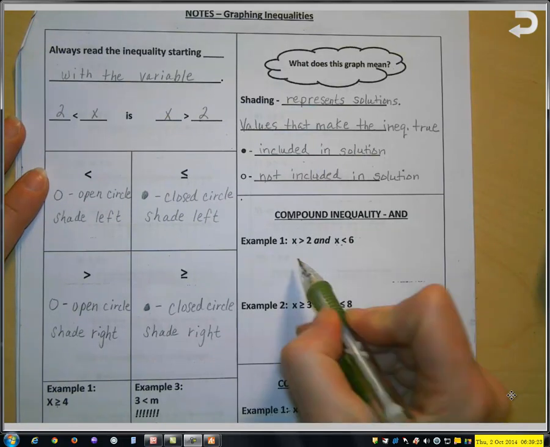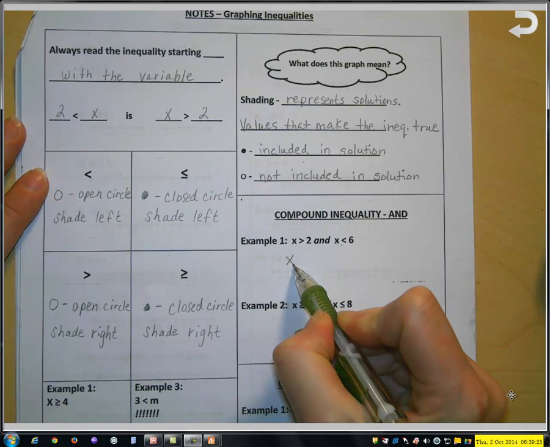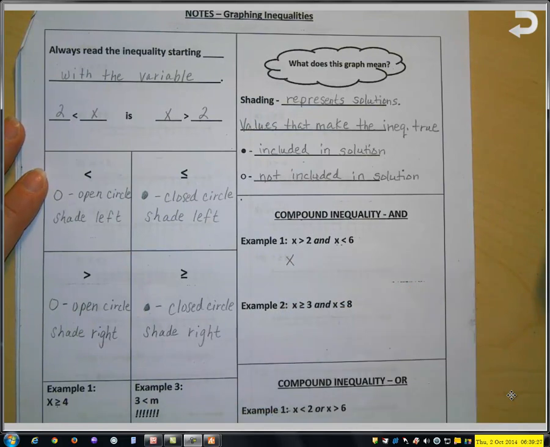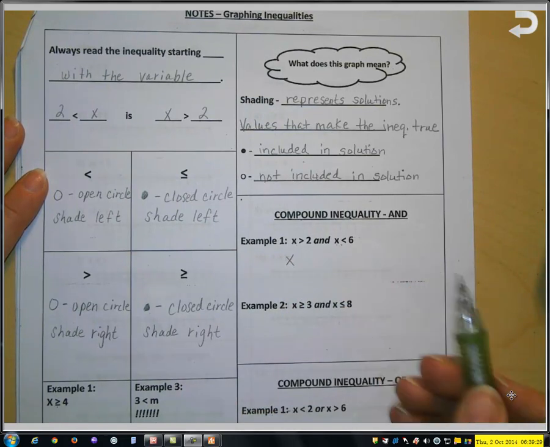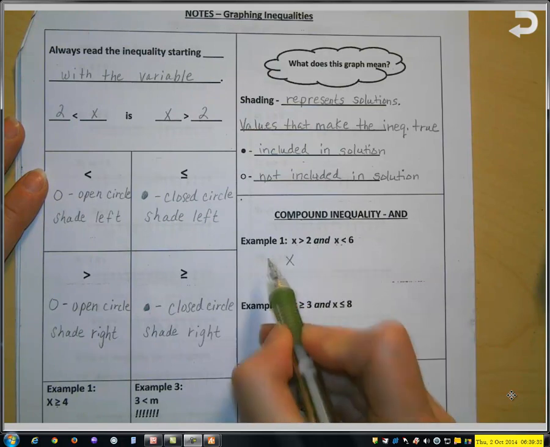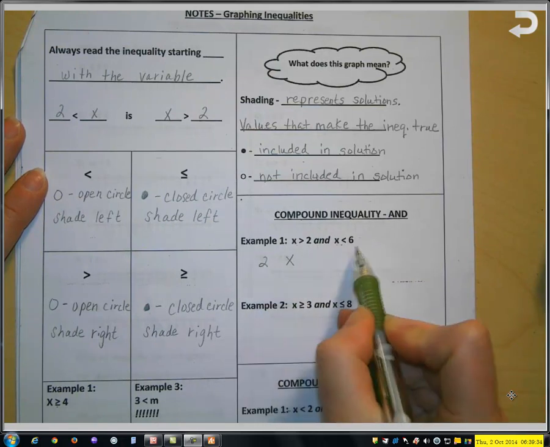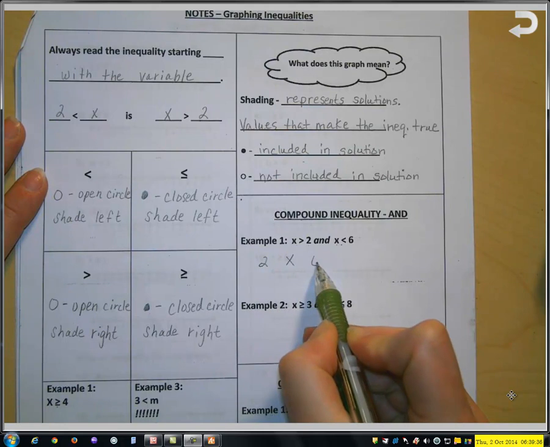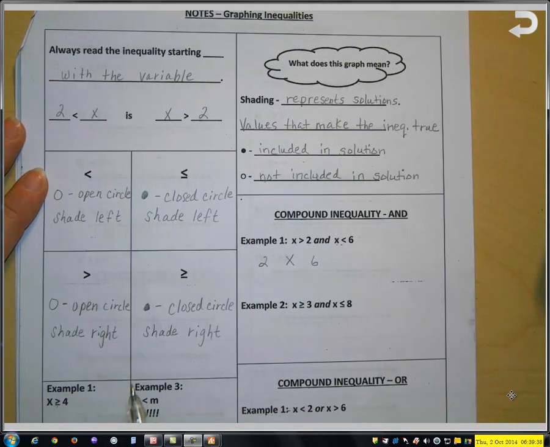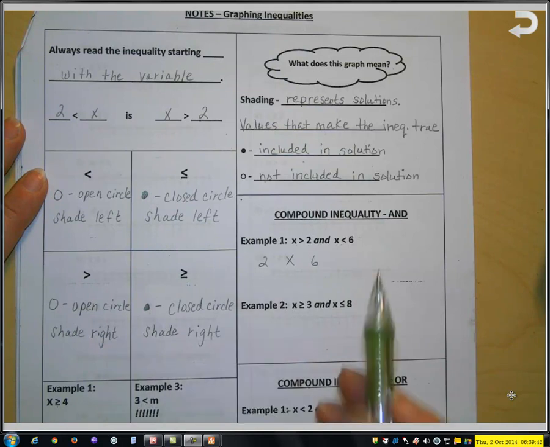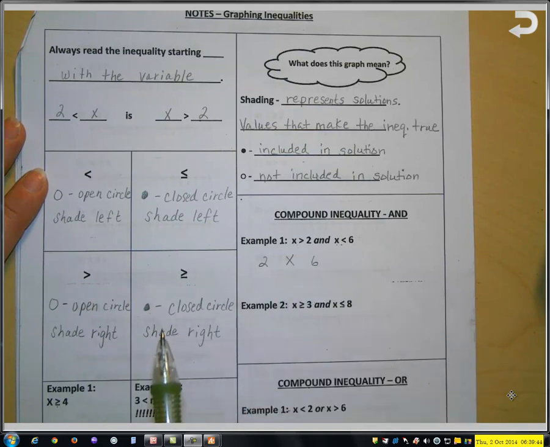So I'm going to put the x in the middle, and I'm going to start with the smallest number, which is the 2, and end with the largest number, which is the 6. And then I'm going to put my greater than or less than signs in.